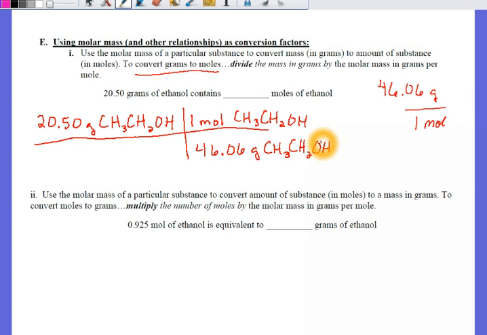CH3CH2OH. And you may be tempted to not write these things down, but this is just a one-step problem, so not so bad on that. But when you have multiple steps and you need to keep up with more stuff, you'll benefit from writing out what you just put down. So you don't want to just put gram, mole all the time.